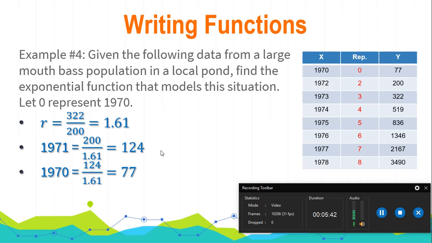And again, I rounded the 77, but that makes sense in the context of the problem. We don't have half of a fish. So the value of y for 1970 is filled in as 77 bass. So now I do have an initial amount of 77, and I have a growth rate of 1.61, and my function is here.